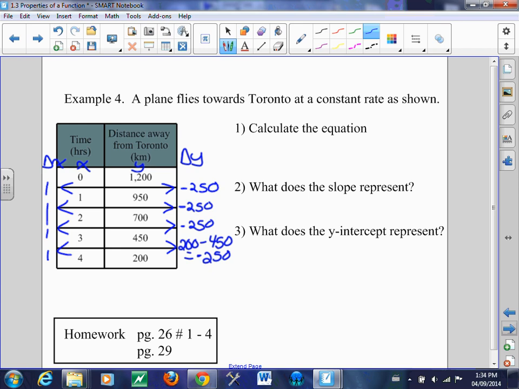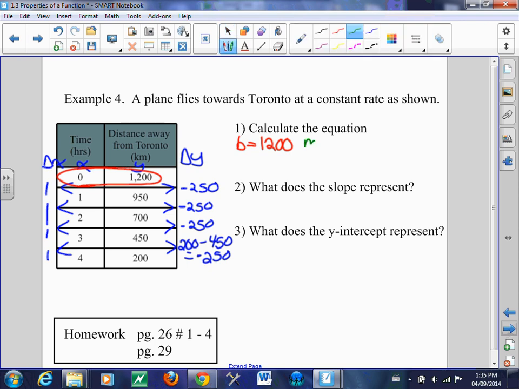To calculate the equation, remember we need y equals mx plus b. So we need to find m and b. The easiest one to take a look at is b, which is your y-intercept. That occurs where x equals 0. So we know b equals 1200. Please don't put a comma in there. That's what the program does, and I can't get away from it. In Canada, we don't use commas. Now we go to find the slope.